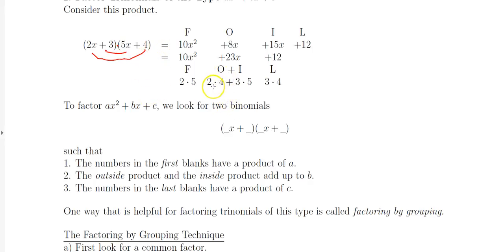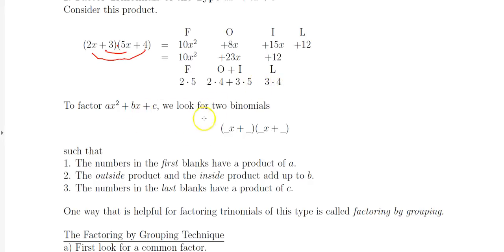So what is happening here is that we're taking 2 times 5 is 10x squared. The 2 times 4 plus 3 times 5 give us 23x, and the last gives us the 12.